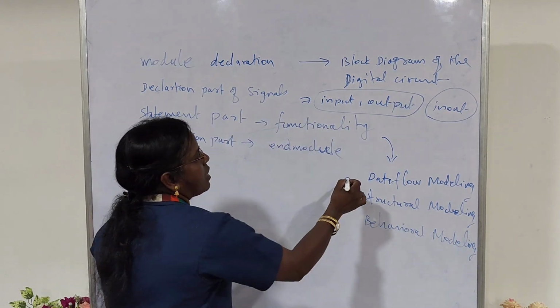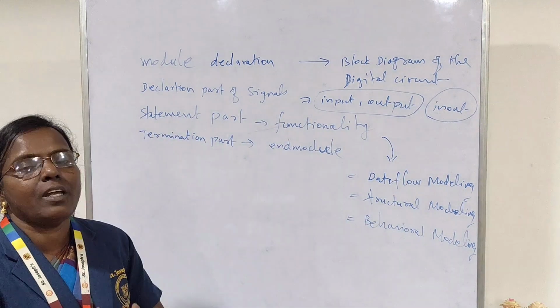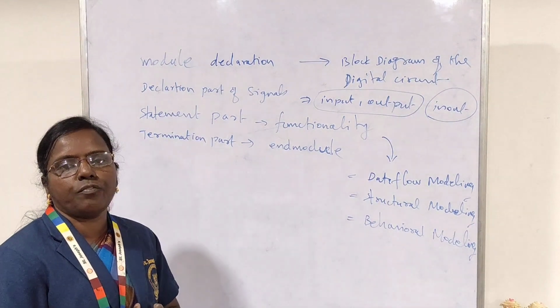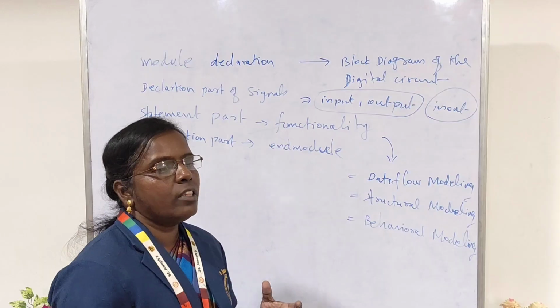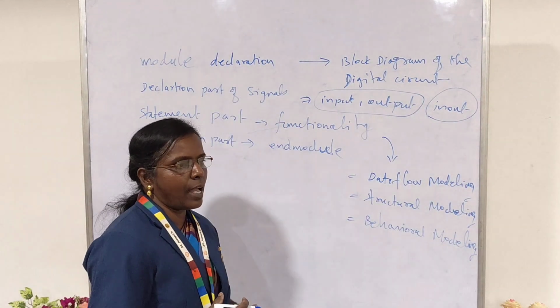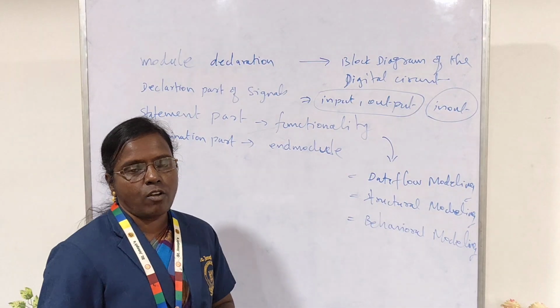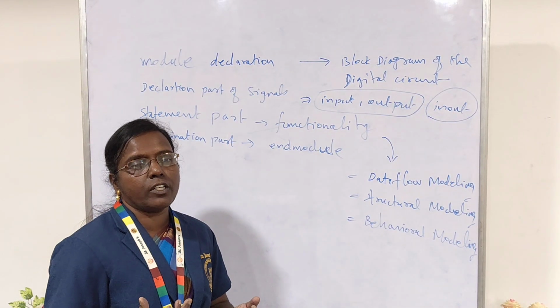Now, how can data flow modeling, structural modeling and behavioral modeling be related to the functionality of a digital circuit? The functionality of a digital circuit can be described in three methods. We can use a Boolean expression for describing the functionality.